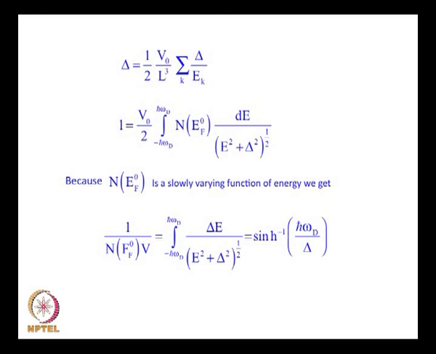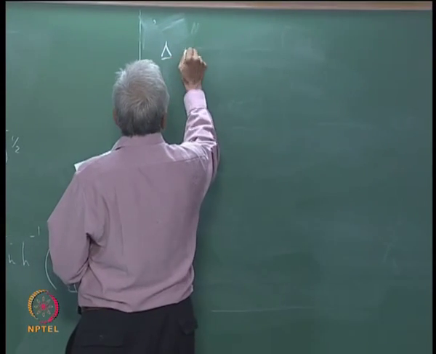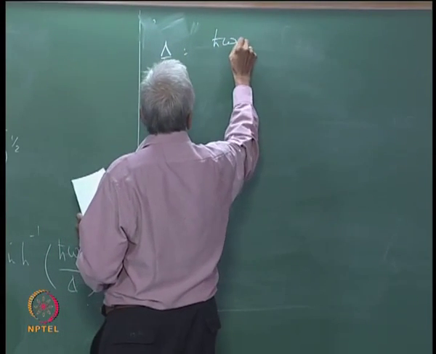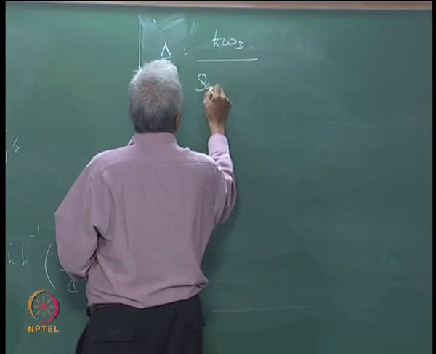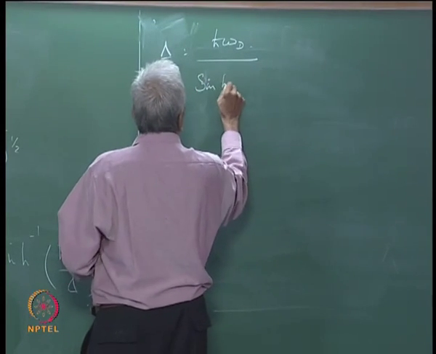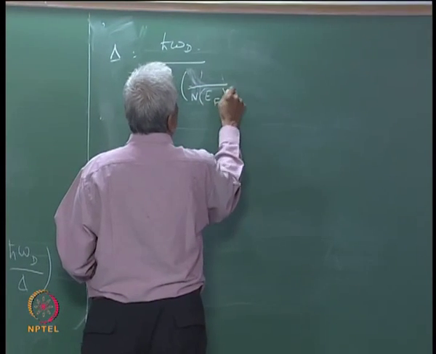So, turning it over, we can get an expression for delta as h cross omega d by sinh of 1 by n of E f V.